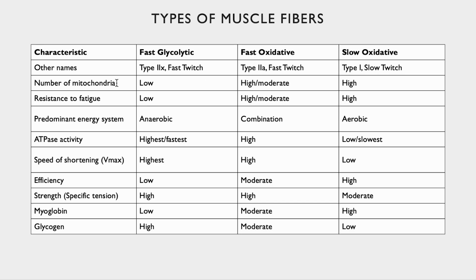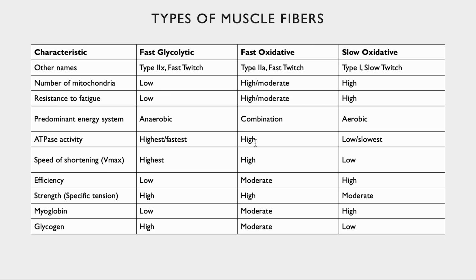The same thing happens with the resistance to fatigue. The fast glycolytic are not resistant, they very easily fatigue. The slow oxidative are very resistant to fatigue. And the ones in the center, that is a combination, remember. Now, there is an enzyme, the ATPase, that will have a very high, very fast activity in the fast fibers.